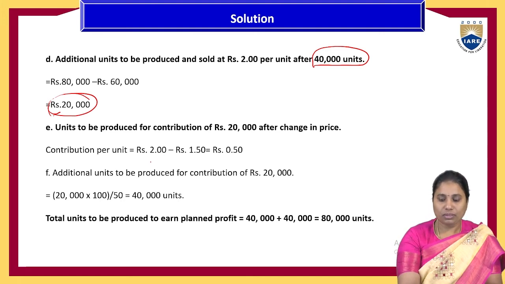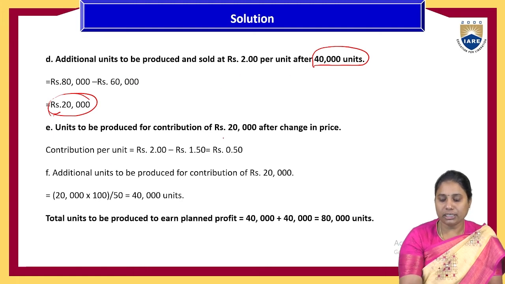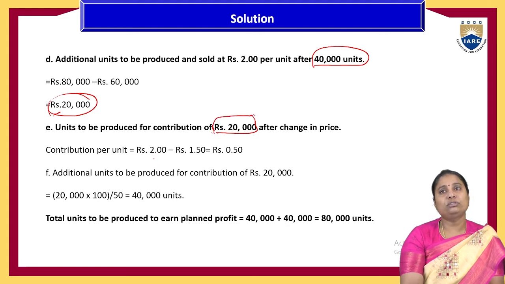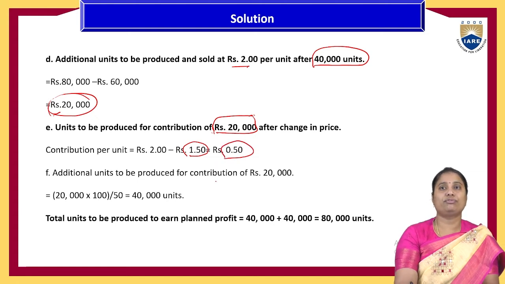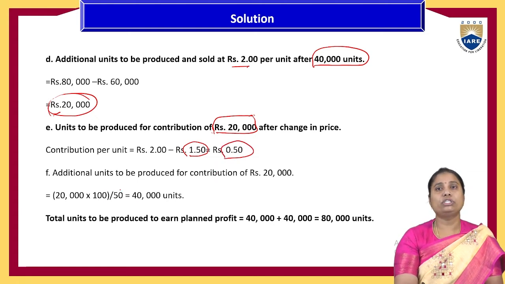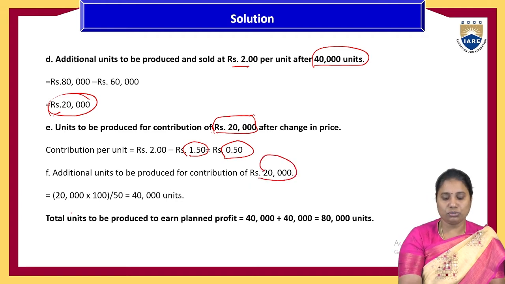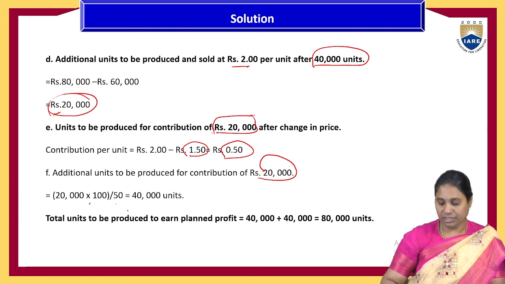Because 20,000 rupees of the amount is added for this increased number of sales, 2 rupees per unit minus 1.5 rupees that we calculated is half a rupee as the benefit. So the additional units to be produced for the contribution of 20,000 rupees is 20,000 into 100 divided by 50.